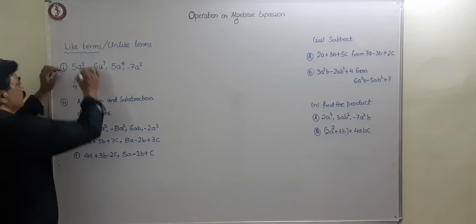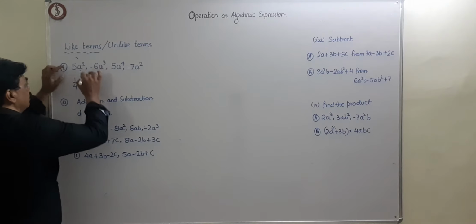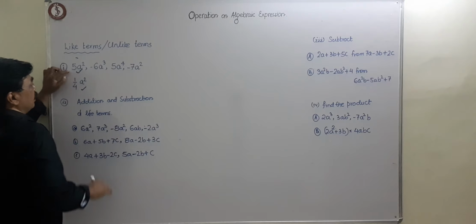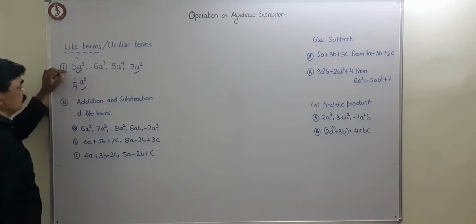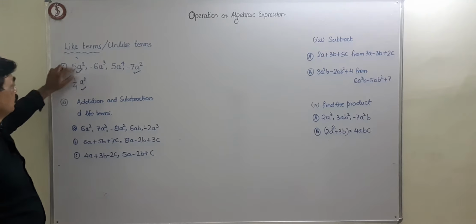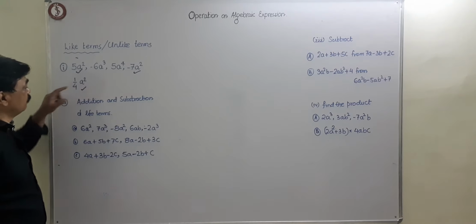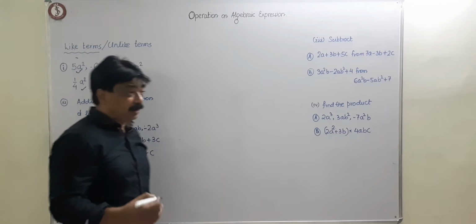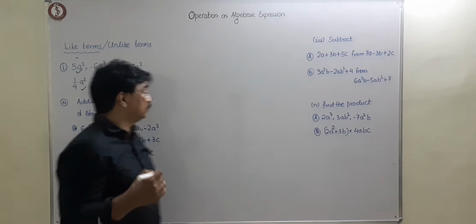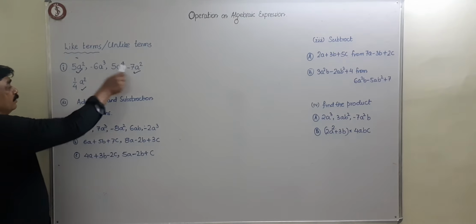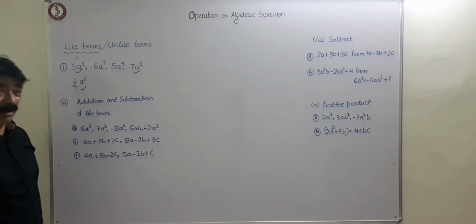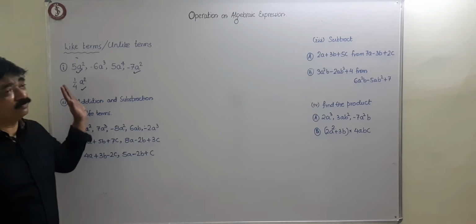Here there is the variable with power a square, so this and this will match and this two will match. So we have 5a square, minus 7a square and 1 by 4 a square, they are like terms. So that means these three we can add or subtract.